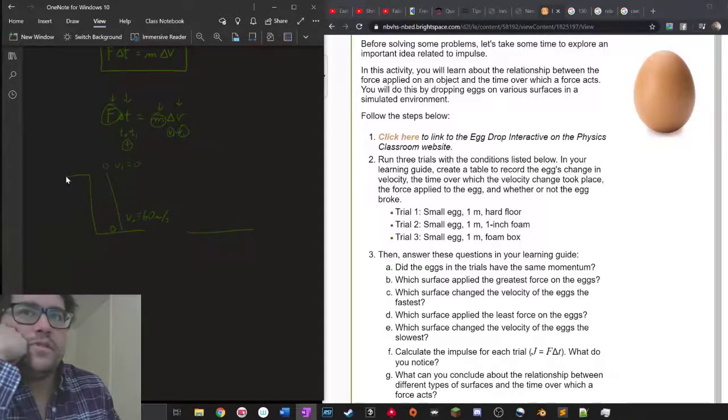The real problem is here when the egg touches the floor. Its V1 is minus 60 meters per second. Its V2 is 0 meters per second. The question is, how much time did that take? And if we could increase that by even a little bit, then we would decrease the difference in momentum.